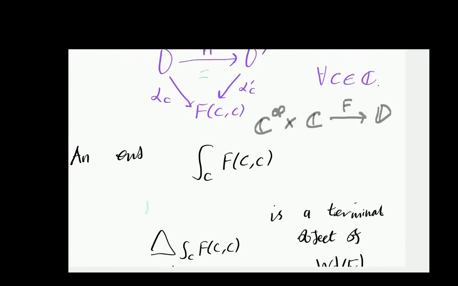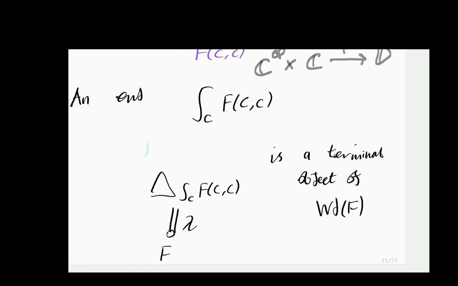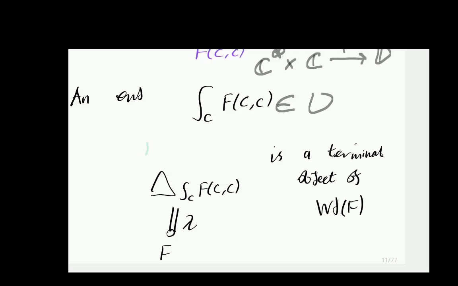We're going to have a sort of dinatural transformation from this functor here to our bifunctor. Or if you like, we have a wedge over F, and the apex of it is an object in our category D.